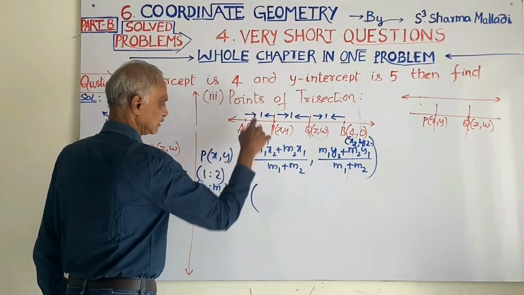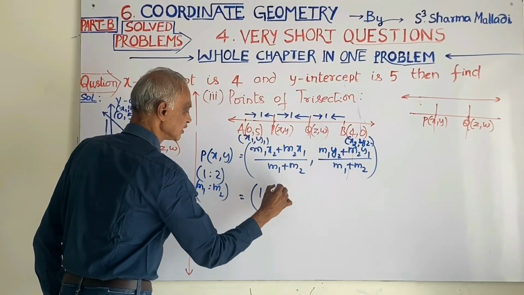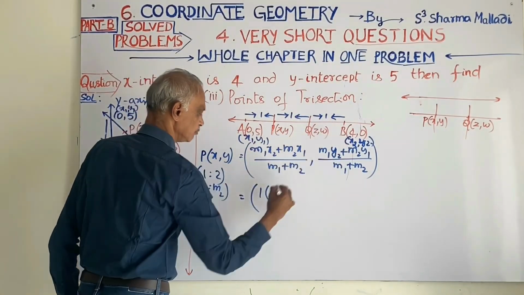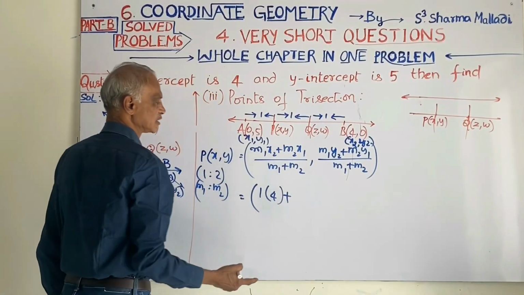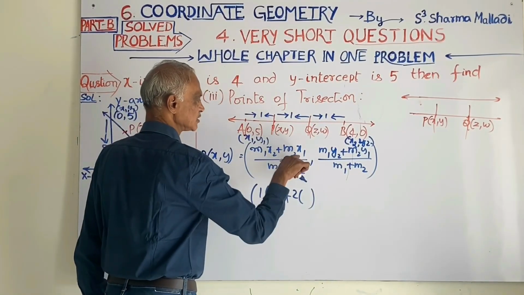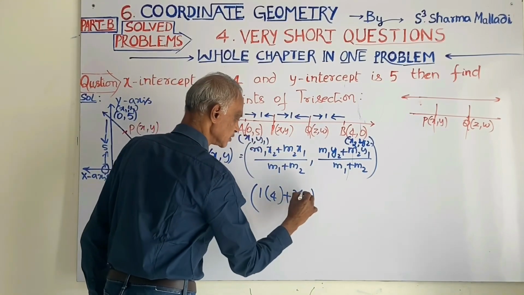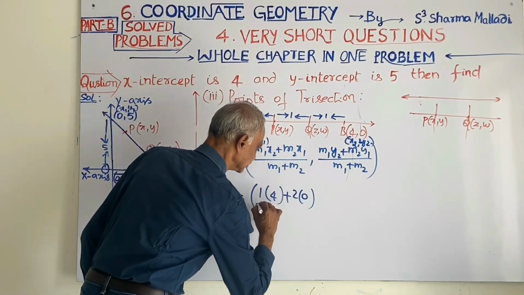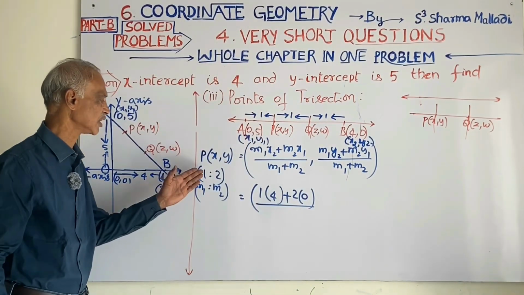What is m1 here? 1 into what is x2? x2 will be 4, plus m2, which is 2, into x1, which will be 0, by m1 plus m2, 1 plus 2.